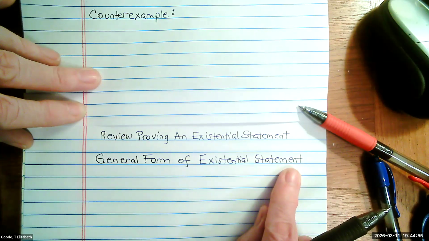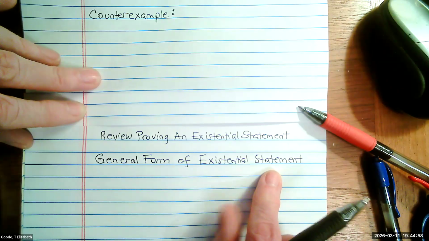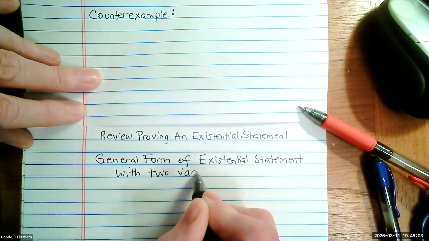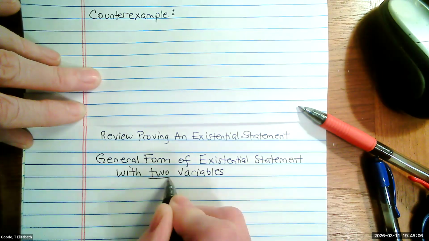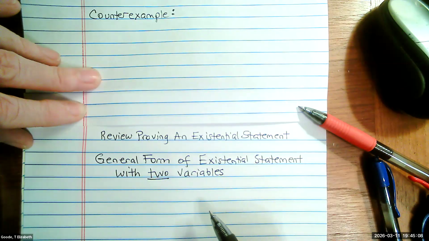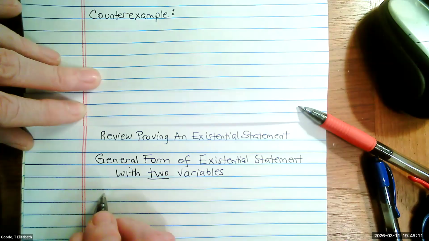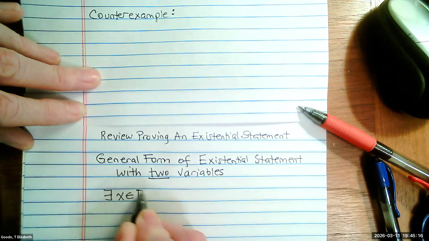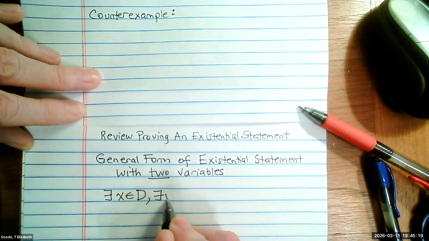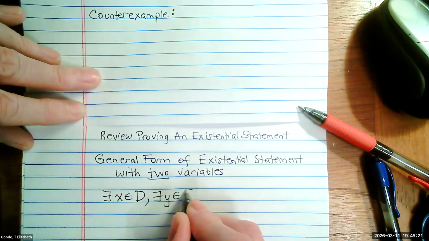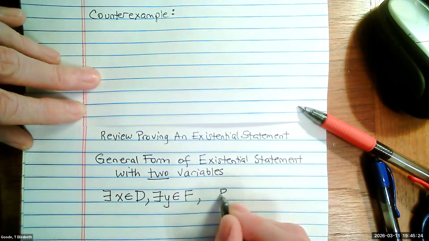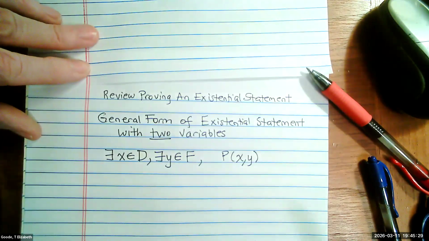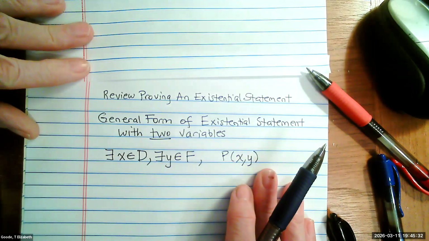In fact, this will be an existential statement with two variables, because we have two variables in this particular problem, right? M and N. So the general form would be something like this: there exists an X in some set D, there exists a Y in some set F such that some property holds for X and Y. That's the general form.